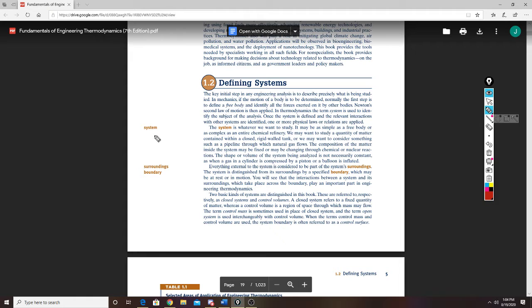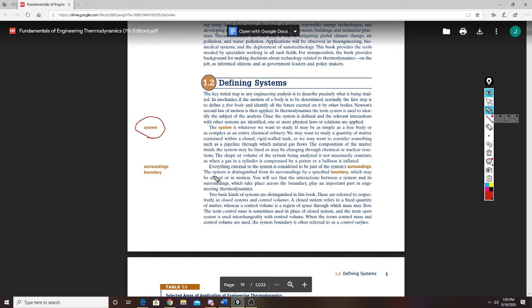For example, let's say the word system here is the system. You would draw your boundary here. Everything outside of that circle is the surroundings, right? Does that make sense? This will be in more practical terms whenever we start looking at questions, but essentially you just need to know the system is whatever we are solving, and outside of that is the surroundings.